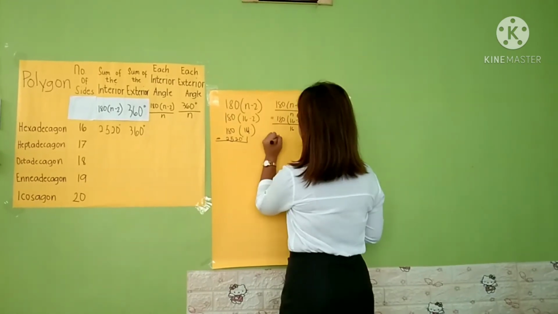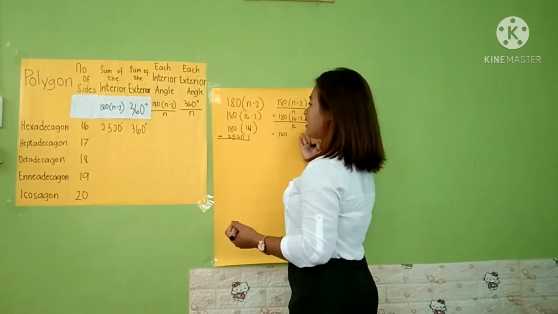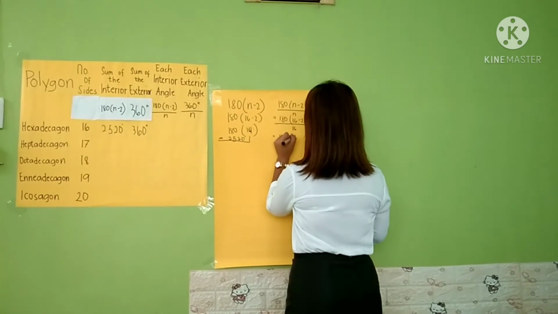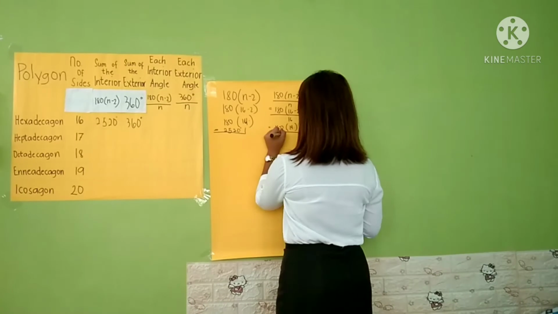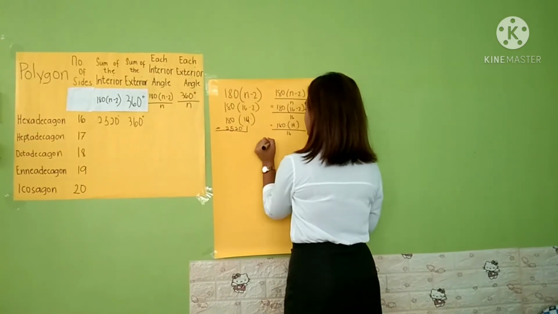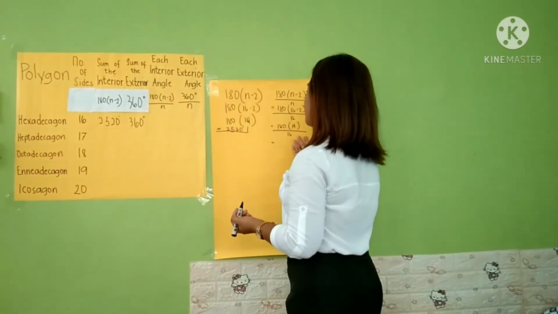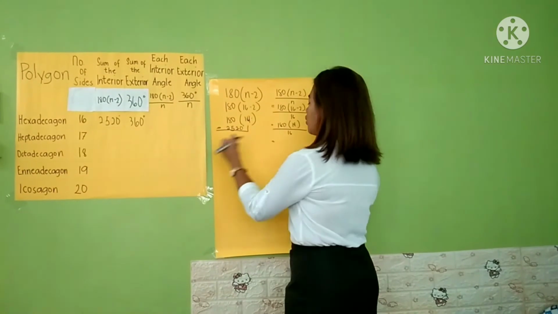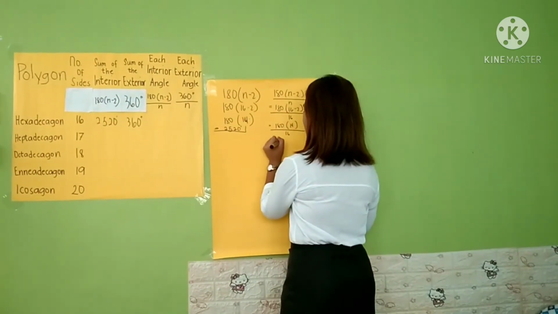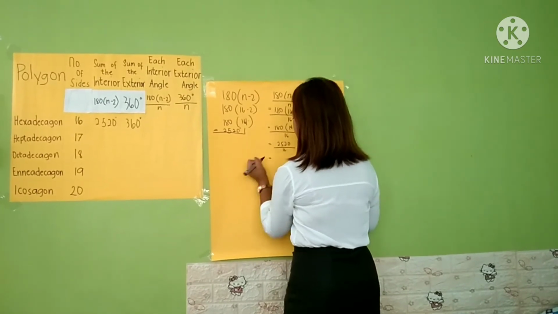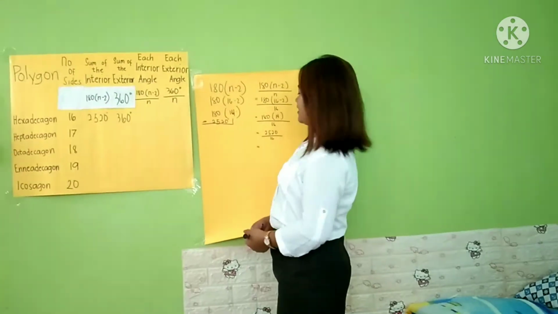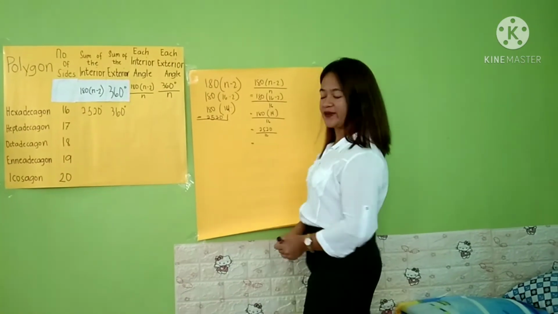Bring down 180. 16 minus 2 is 14, over n, which is 16. 180 times 14 is 2,520, over 16 is 157.5.